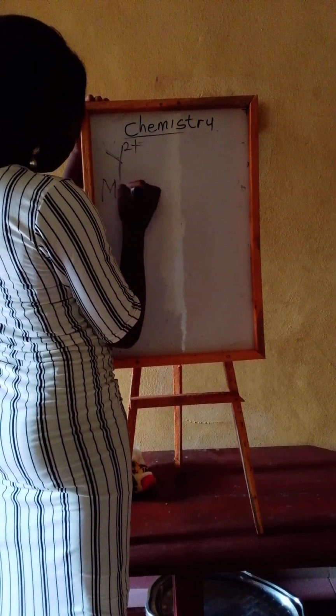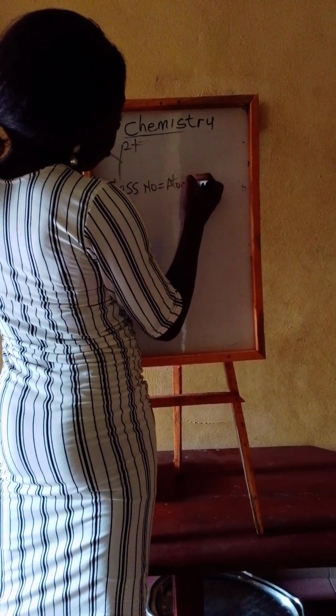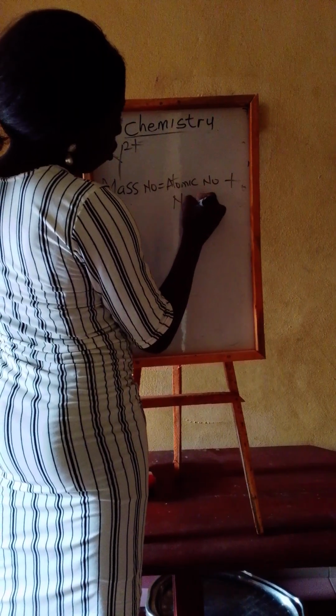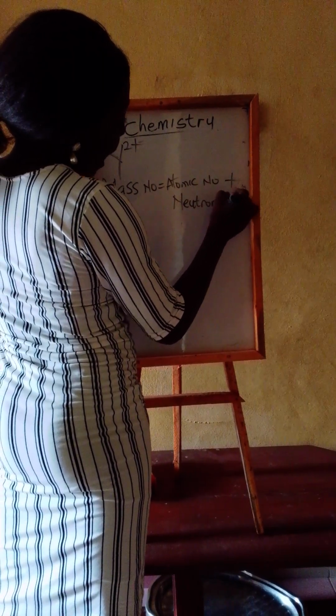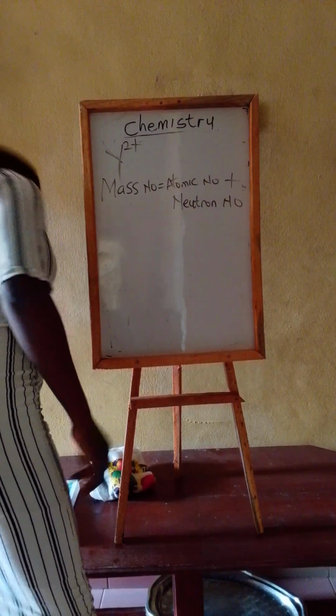Remember, mass number equals atomic number plus neutron number. The mass number is 20.